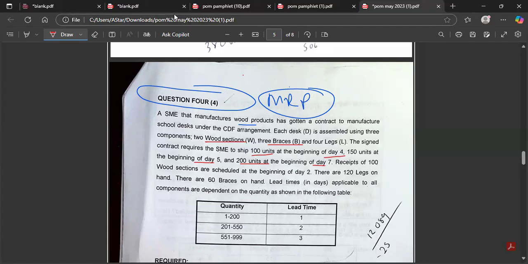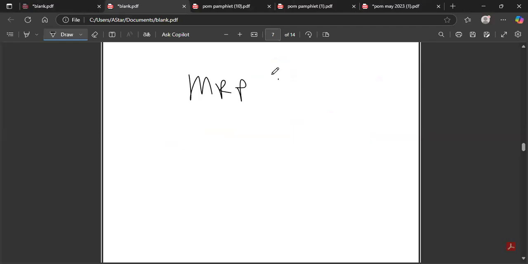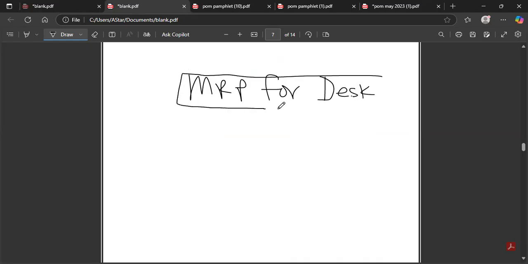So you come here and now say, MRP for the desk. So MRP for the desk.